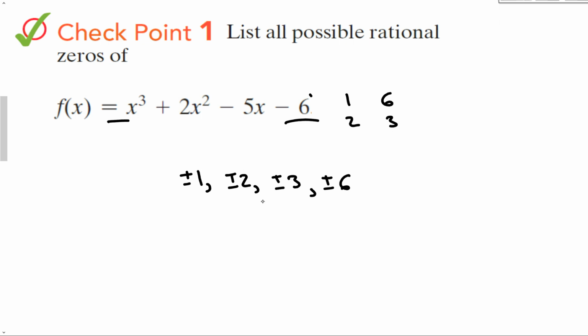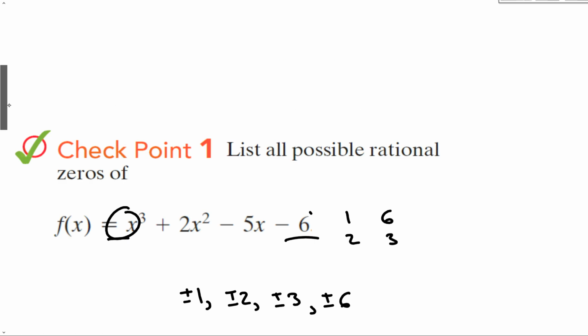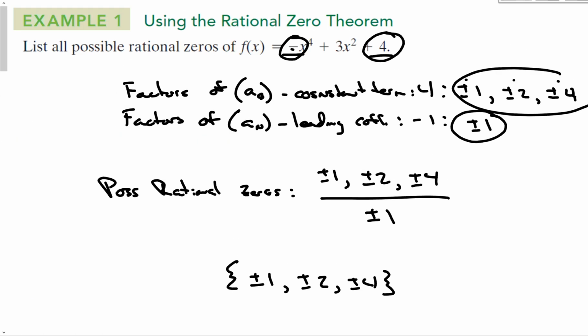All of those divided by 1, which is the same number. All these divided by -1, which just turns into the opposite. And those are just going to be all my factors. Okay. So it's a little easier when we have a situation like this with a +1 or a -1 in the front.